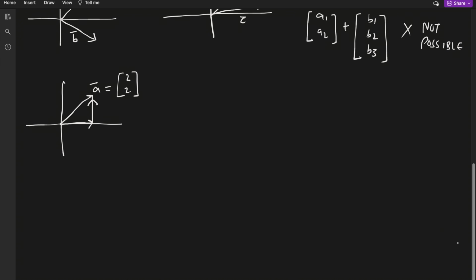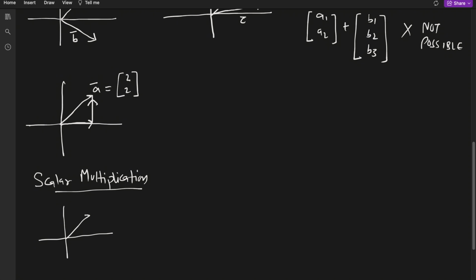Now the second concept is also very simple, which is scalar multiplication. So given a vector, let us suppose this is a vector a, I can multiply a vector with a scalar.